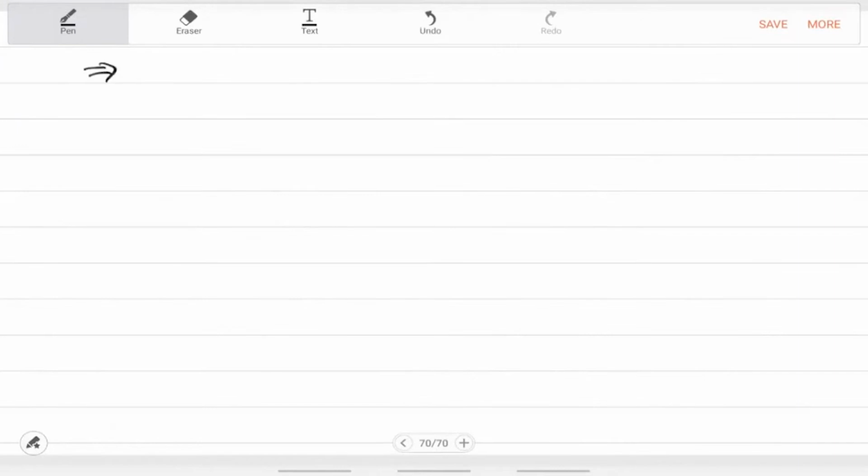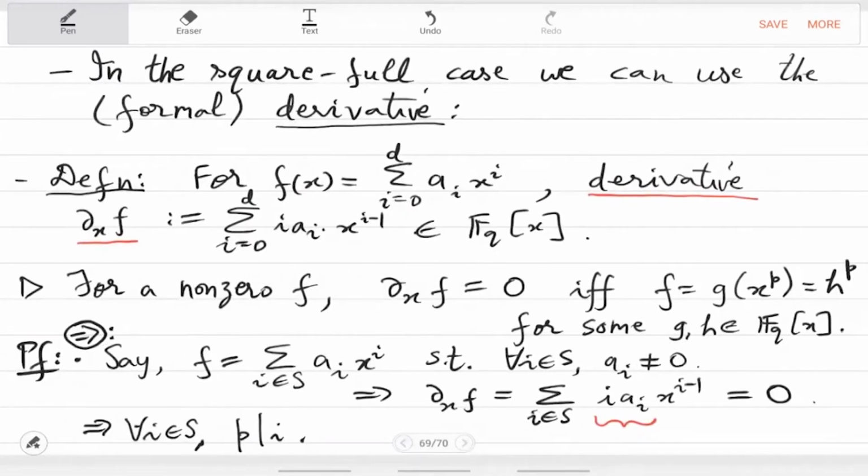Can't it happen that every a_i is divisible by p? Yeah, but we are assuming that a_i is non-zero. We are looking at the coefficients that actually appear. That is the definition of S. S is the support of f.